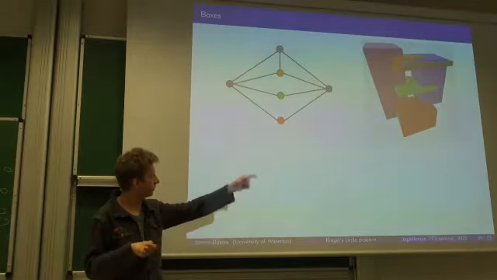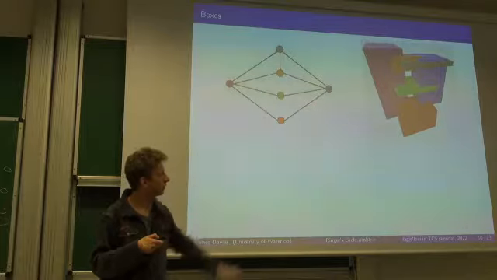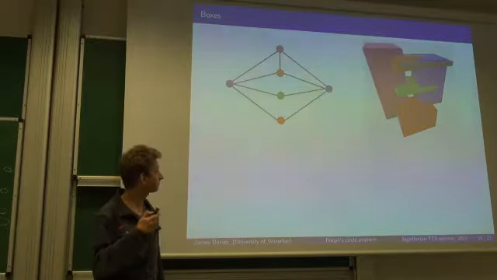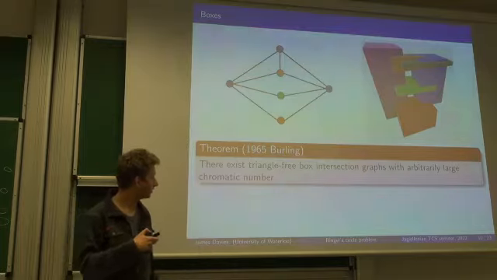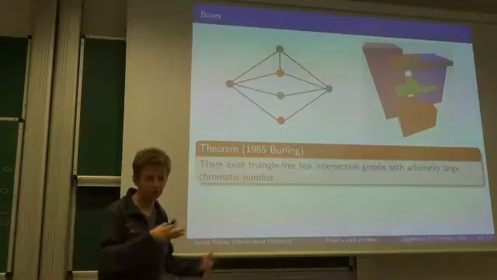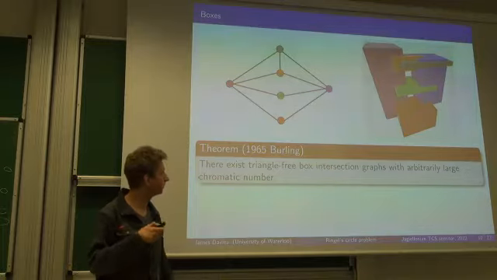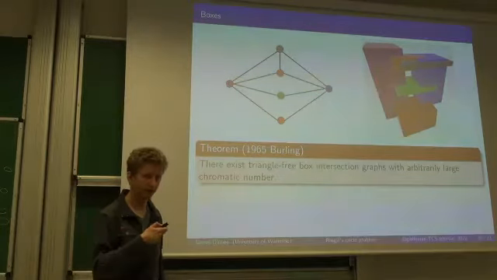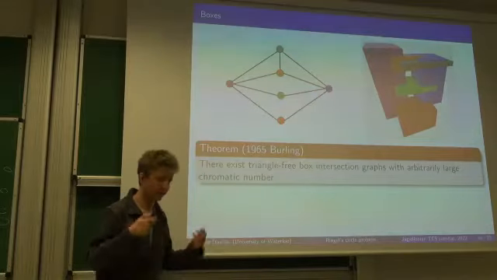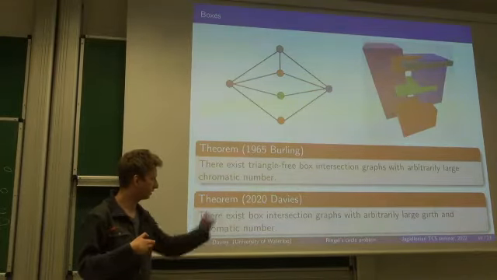So boxes correspond to vertices, and two vertices are adjacent if the corresponding boxes intersect. And then for boxes, we have this classical result of Burling that gives triangle-free box intersection graphs with arbitrarily large chromatic number. And this is something you can extend using this Gallai's theorem Tutte construction technique to actually also get large girth.